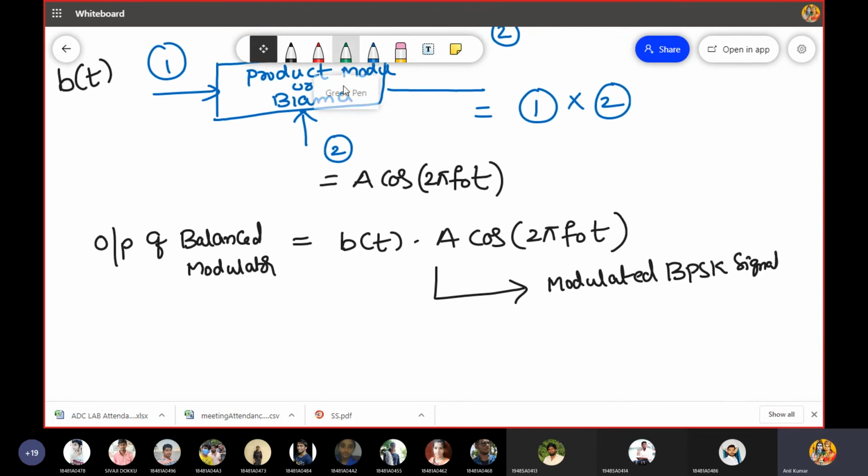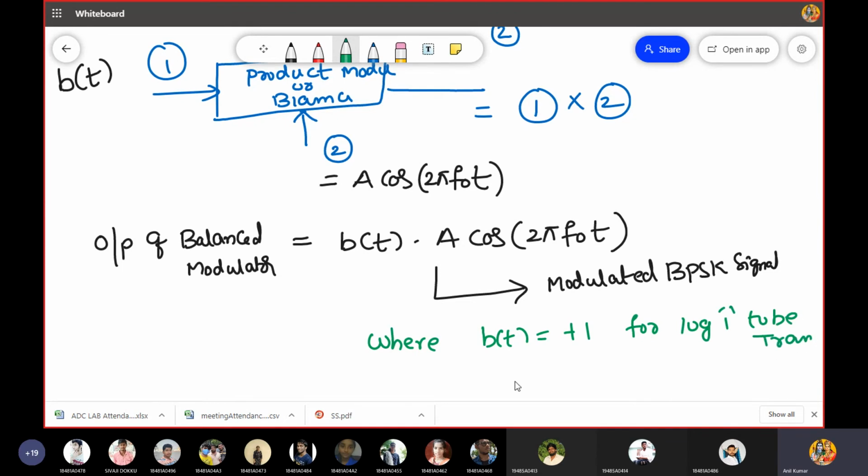Right. So where B of t is equal to +1 for logic 1 to be transmitted, and where B of t is equal to -1 for logic 0 to be transmitted.